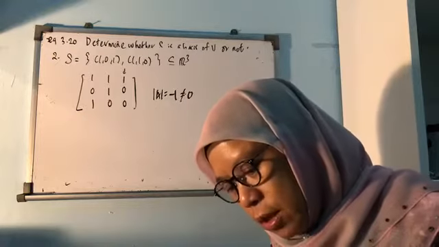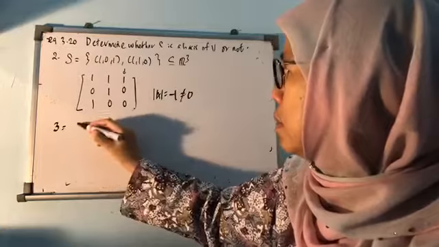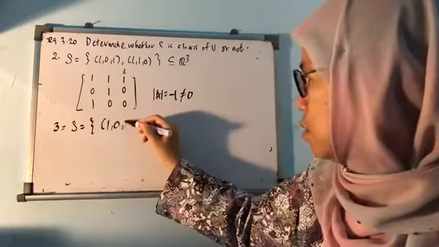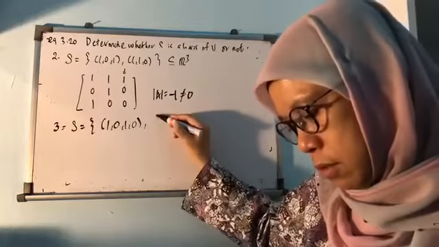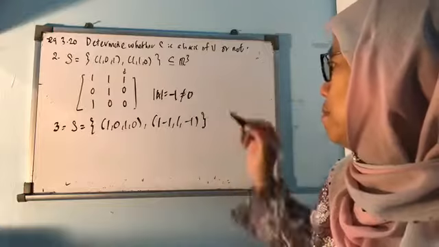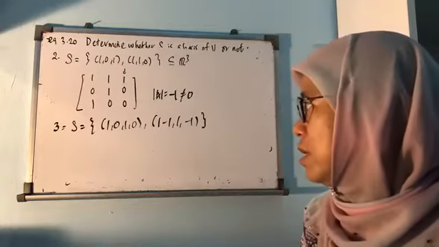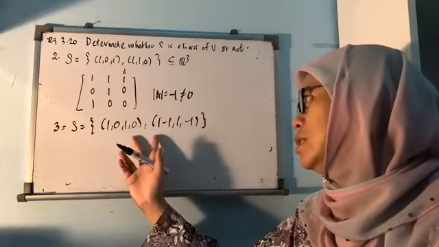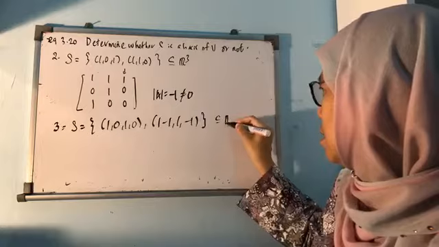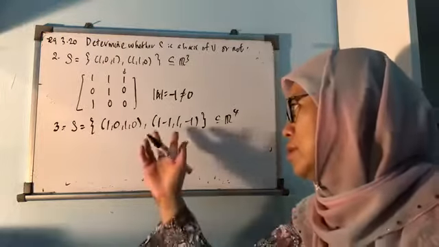For number 3, you have 1 0 1 0, 1 -1 1 -1. Okay, again it's very similar. I know this is linearly independent because it's not a multiple. I know it does not span R4 because it's not enough.